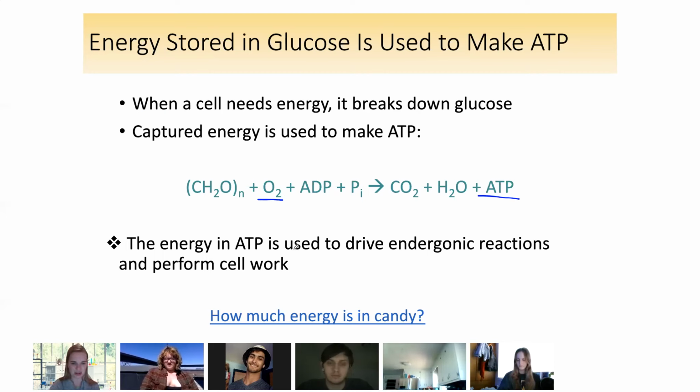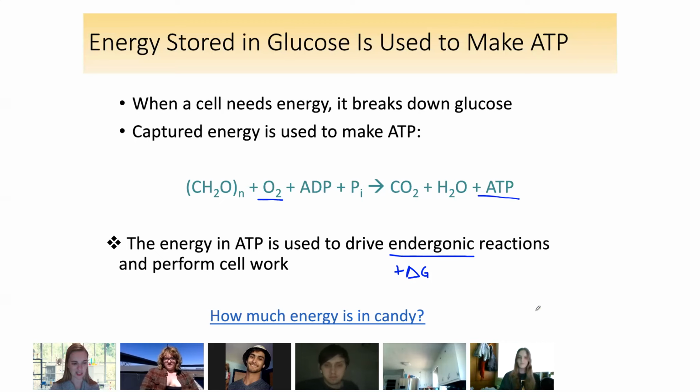And we're going to use that ATP to drive a lot of those endergonic reactions, those positive delta Gs. We don't want to forget that. These are the non-spontaneous reactions that require a huge input of energy. We're going to use ATP to do that for us.